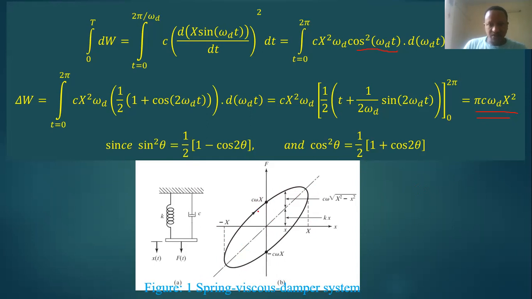Here we can see this point is C omega x, and we can divide this section into two. One from here to here, kx, that is the part of the spring, and another one is C omega times the square root of x squared minus x squared. I will show you these points in the next part, so let it be as it is.